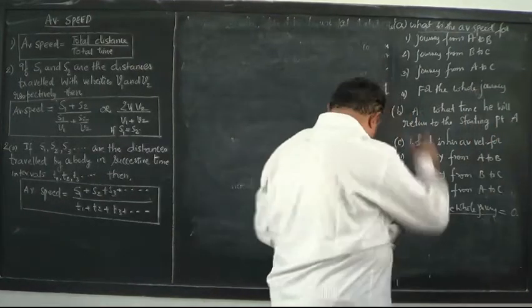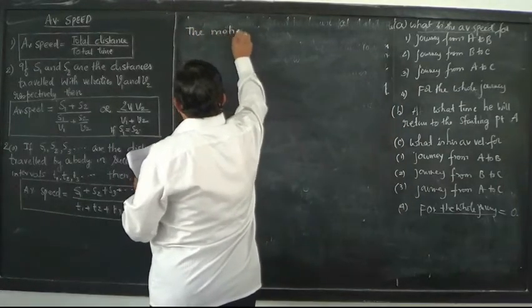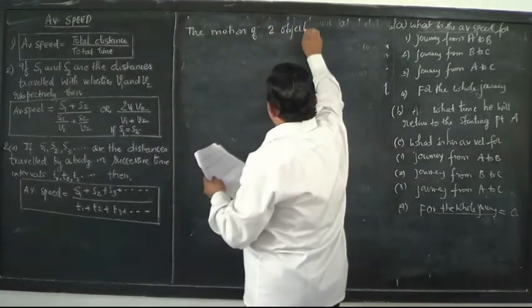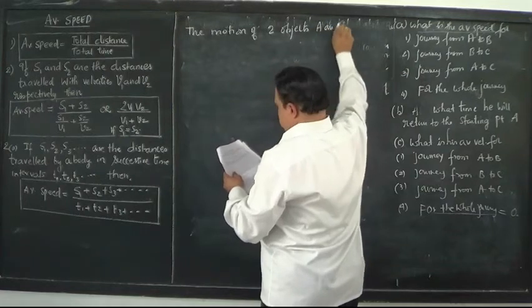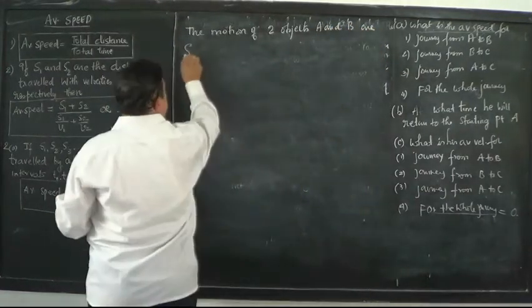The motion of two objects, A and B, are shown in the figure.